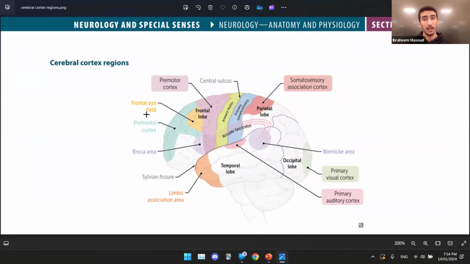Frontal eye field is for vision control. But motor problems are all in the frontal. This is parietal. Parietal is sensory, so sensory association cortex. Parieto-temporal, limbic, so feelings and stuff. Temporal Wernicke. Auditory. So know them really well.